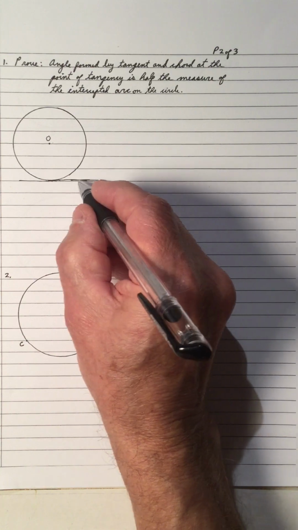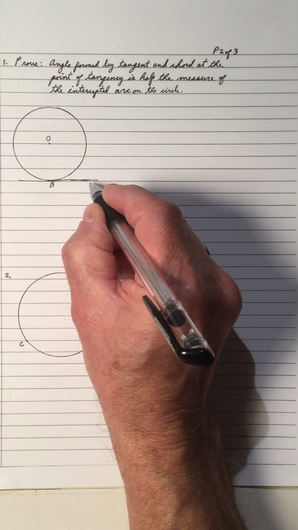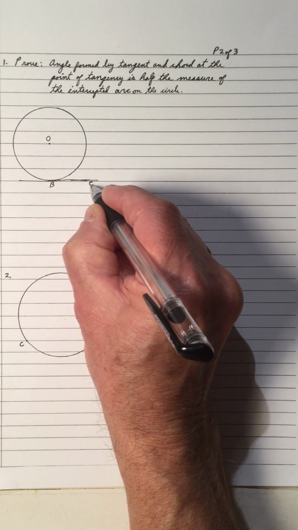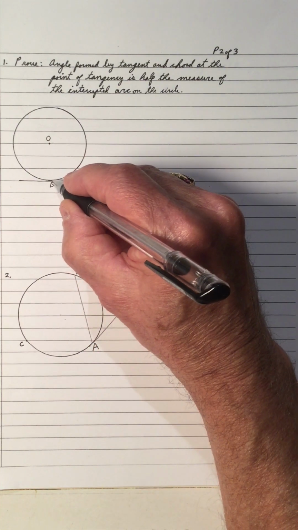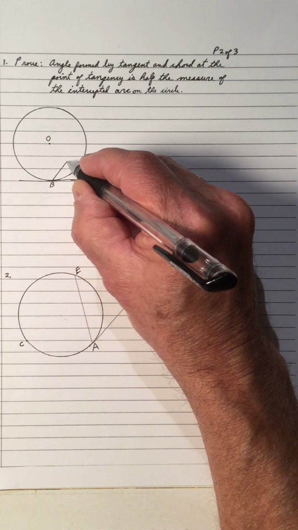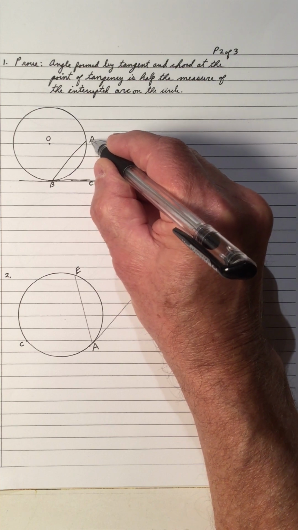B is the point of tangency, so BC is the tangent. And we'll draw a chord BA. So we let this point be A.